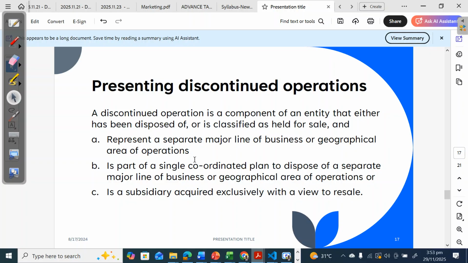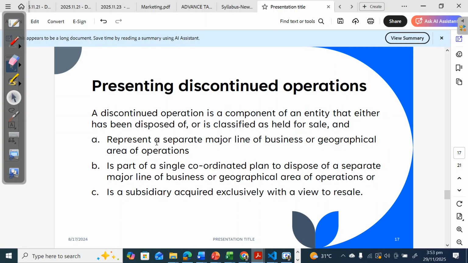The Nigeria operation becomes a discontinued operation, because we have stopped operating in that country. So a discontinued operation is a component of an entity that has been disposed of, either we have disposed of it, or we have classified it as held for sale.